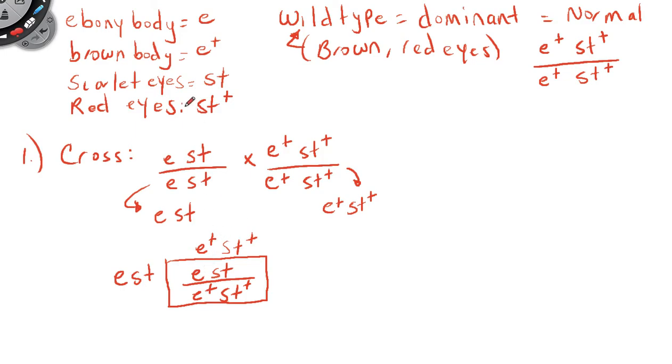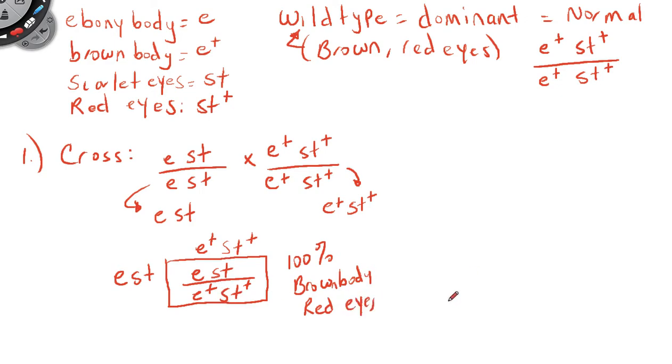It's still going to be brown body because that's the dominant, and it's still going to be red eyes because that's the dominant, right? So you're going to get 100% brown body, red eyes, but you're going to get a heterozygous condition.